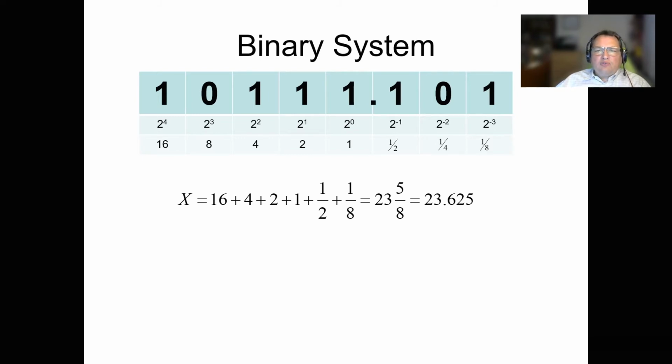And then we have 1 over 2 and 1 over 8. We just need to sum up all these numbers. It gives 23 and 5/8, or 23.625. That's the decimal representation of our binary number.